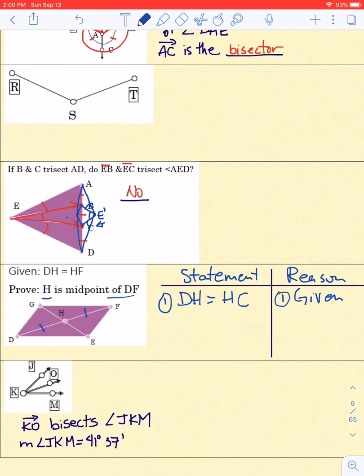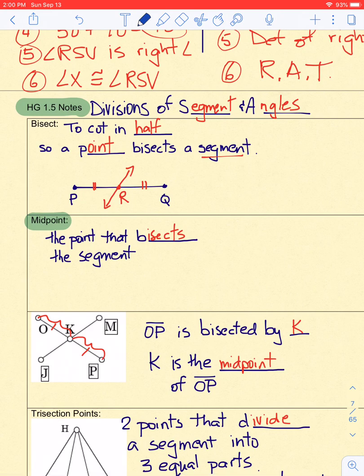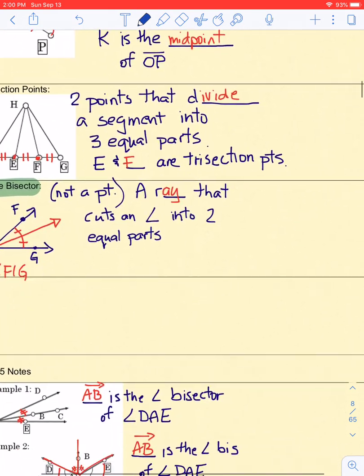And then line 2, we need to ask, what's the definition of midpoint? Look back up here. What does it mean to be a midpoint? A midpoint is the point that bisects the segment, so we get 2 equal segments. So PR is equal to RQ, then R is the midpoint.